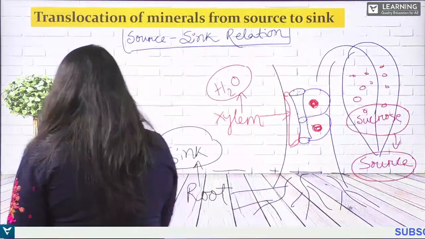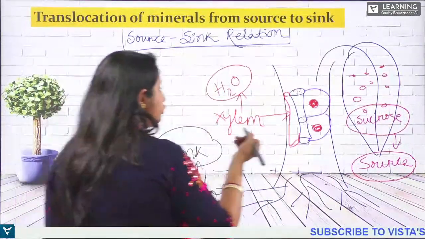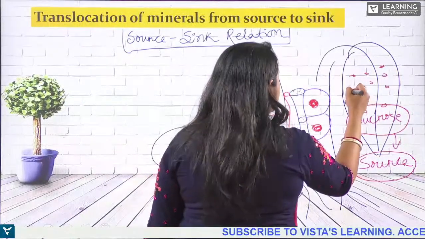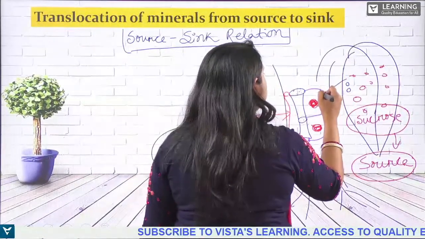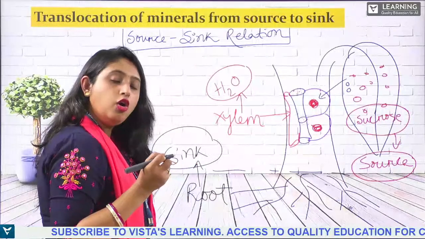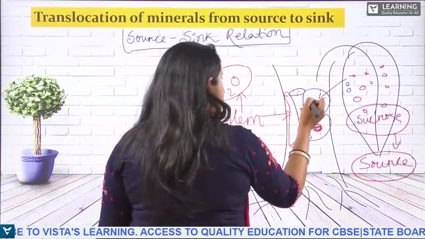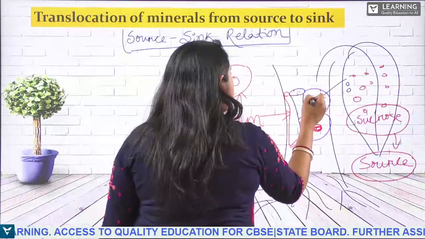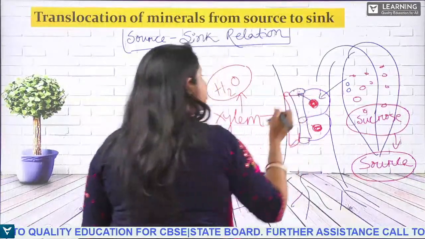Now, what happens to the prepared food? The prepared food will come here and go to the companion cell, and then from the companion cell it will go to the sieve tube.